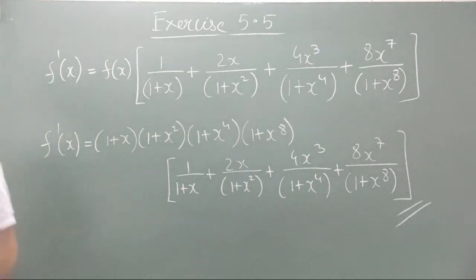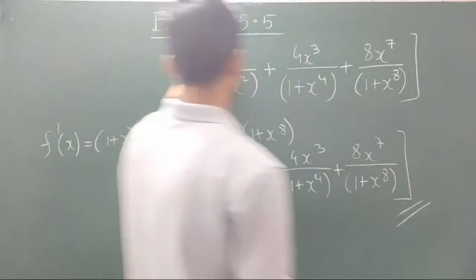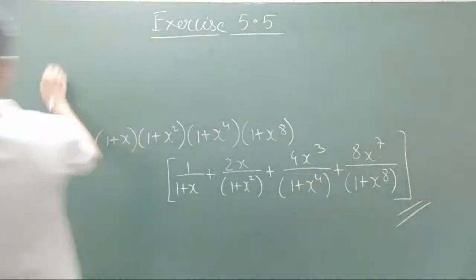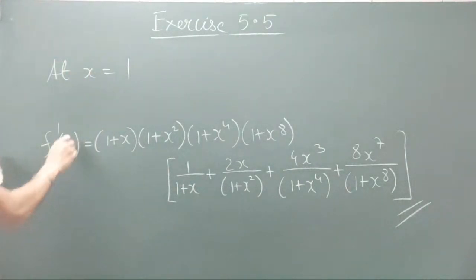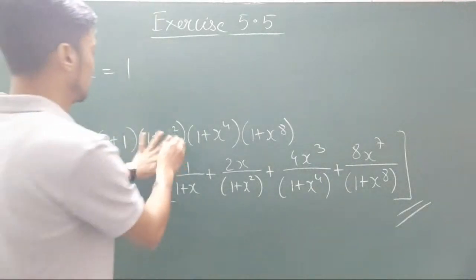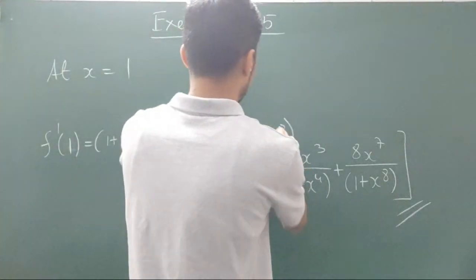So that's the first part, which is already done. Let's do the second part. That is, find the value of the derivative at x equal to 1. The only value that will change is x as 1. So I'm just going to write over this. You can write.